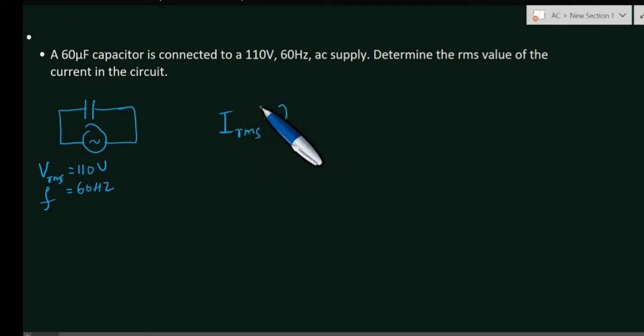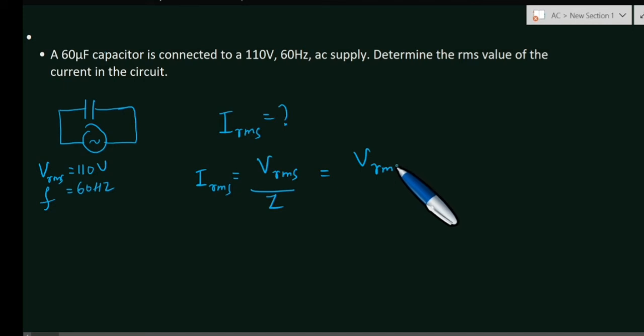So RMS value of current is given by Irms is equal to Vrms divided by Z. But the formula of Z is square root of R square plus XL minus XC whole square.